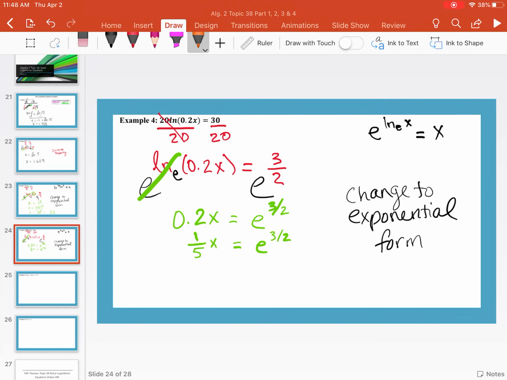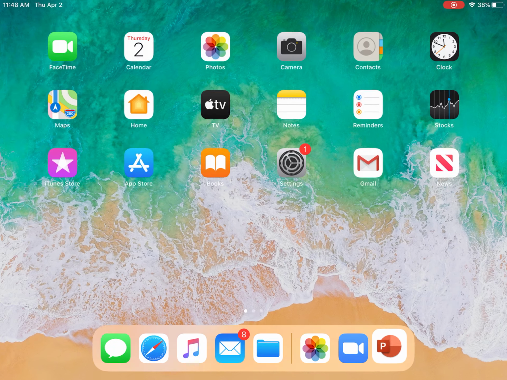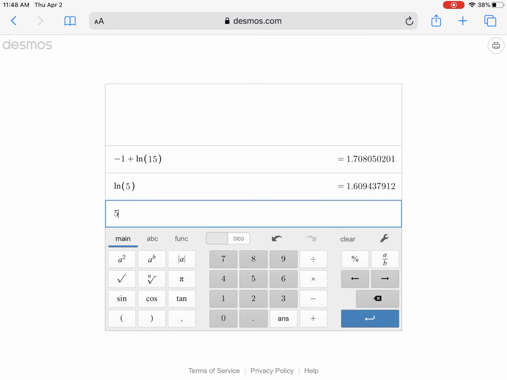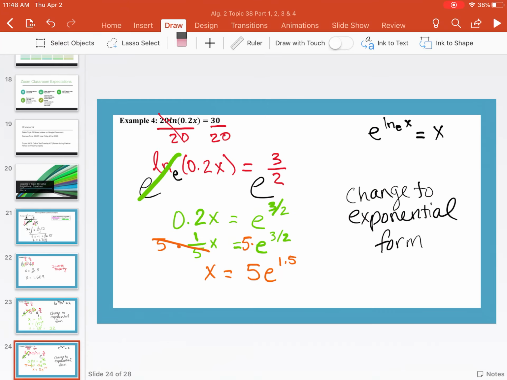Now, I can multiply both sides by 5 in order to get rid of my fraction, which is the reciprocal, and I'm left with x equals 5e to the 1.5, or 3/2. So to solve this, I'm going to go back to Desmos to plug this into my calculator. So 5 times e to the 1.5 gets me 22.408, if we round to the nearest thousandths.